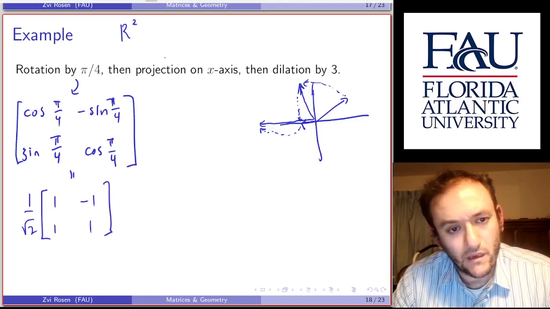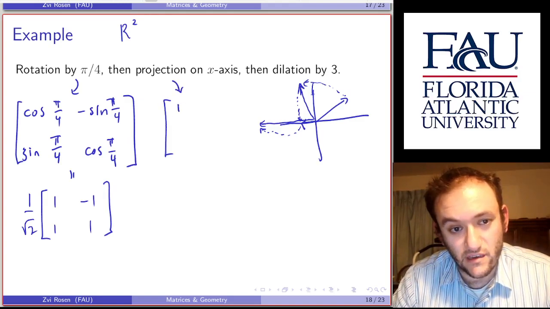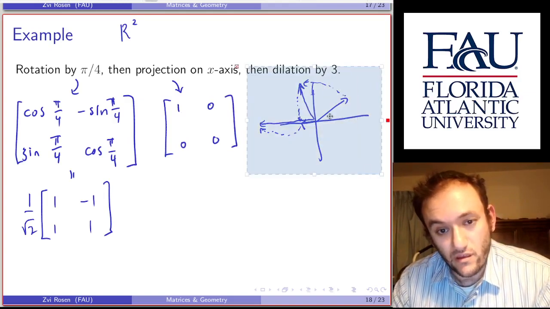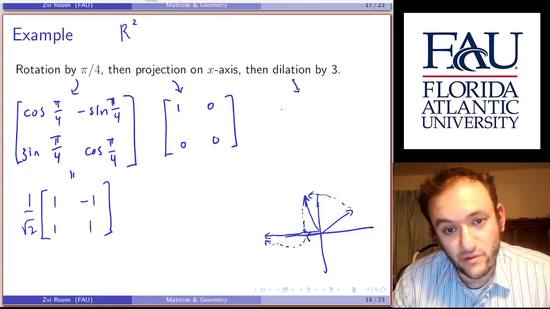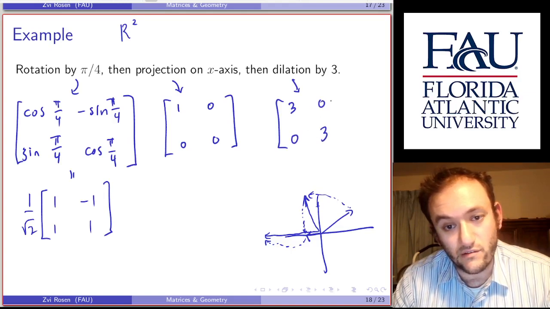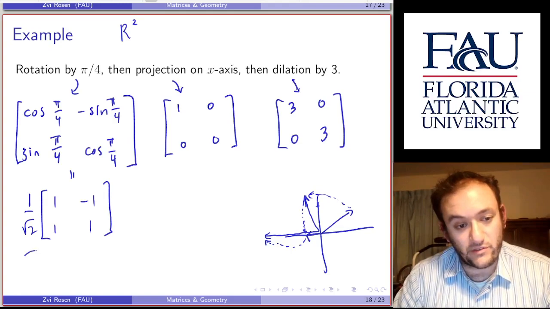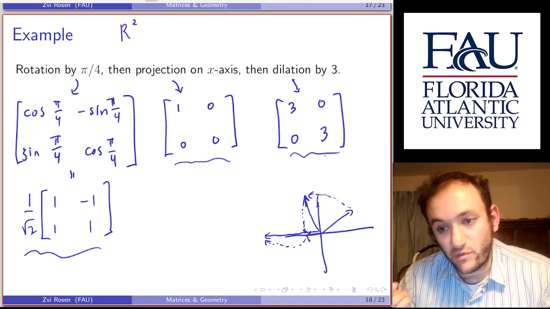Okay. Projection onto the x-axis, this is the matrix 1, 0, 0, 0. As for dilation by 3, we know this to be 3, 3, 0, 0. Okay. So we have 3 matrices, and we can multiply them.